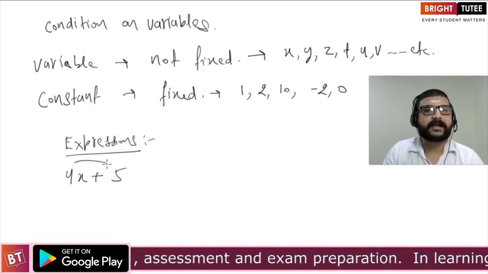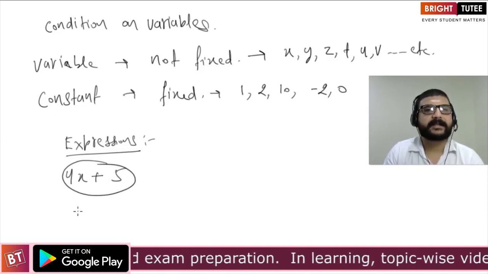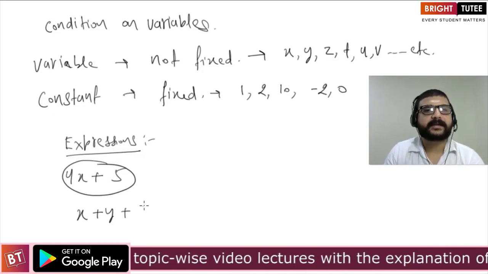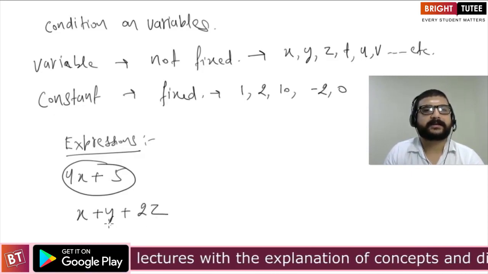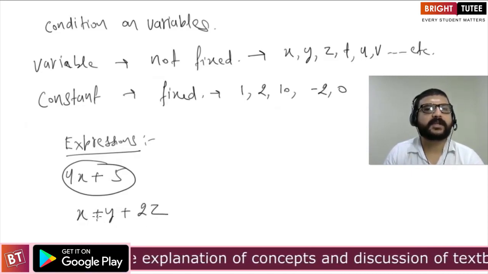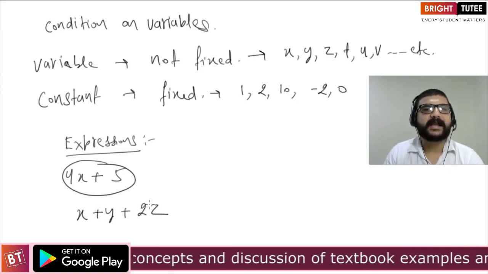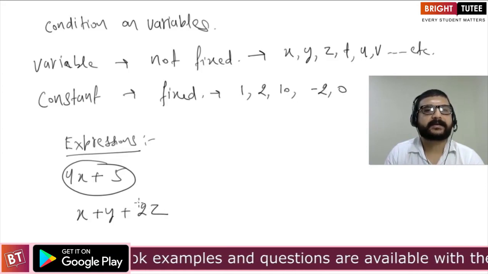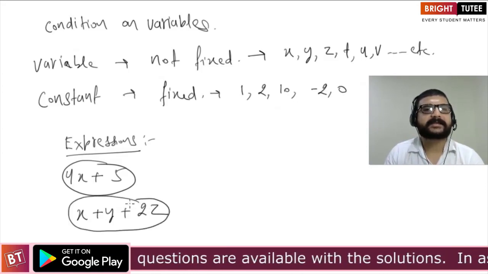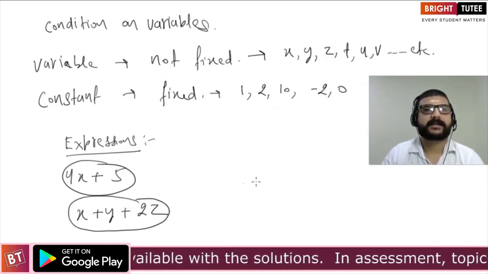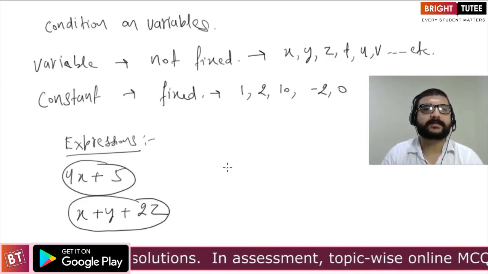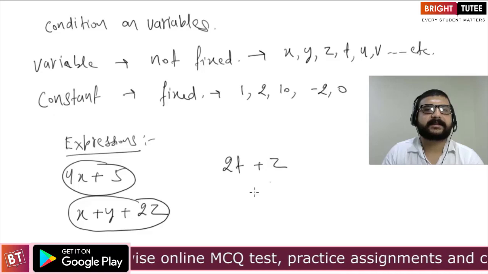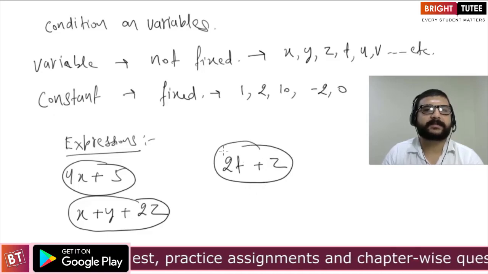Now this is one expression. Similarly, we can take x plus y plus 2z. Here also we have used the operations addition and multiplication when writing 2z. So this is also an example of an expression. Similarly, we can have many more expressions. Let's say 2t plus z. This is also an example of an expression.